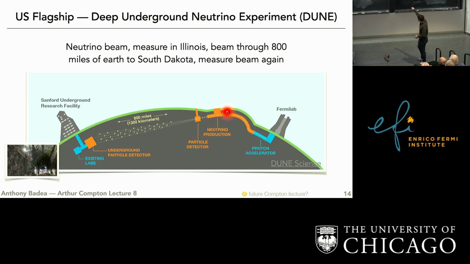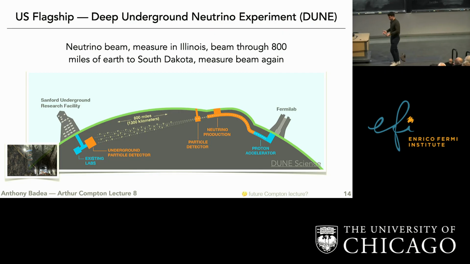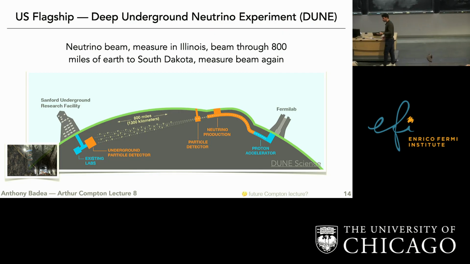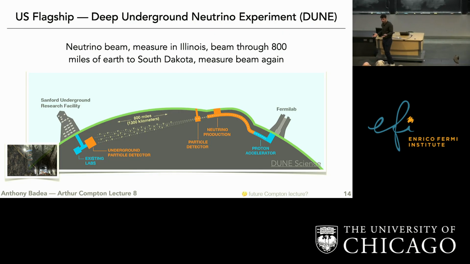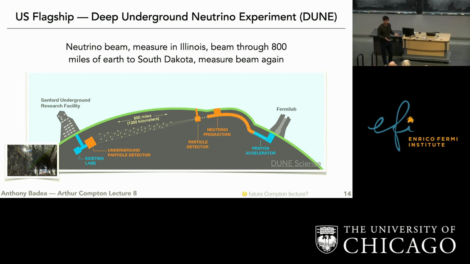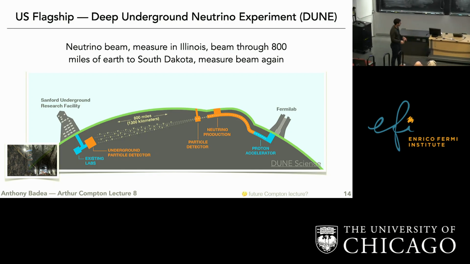What you do is you measure how many neutrinos are in the beam here, and how many neutrinos are in the beam there, and between those two measurements, you get a lot of information about whether neutrinos violate charge parity conservation, whether they could account for the matter-antimatter asymmetry, and about the mass ordering.